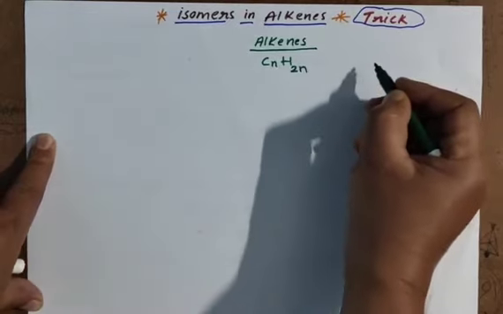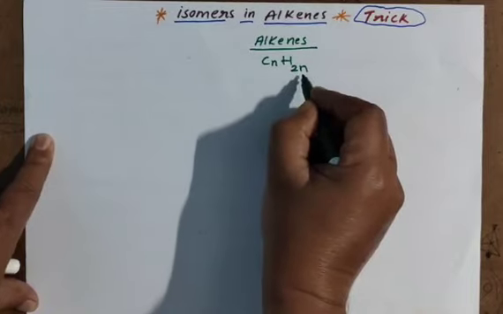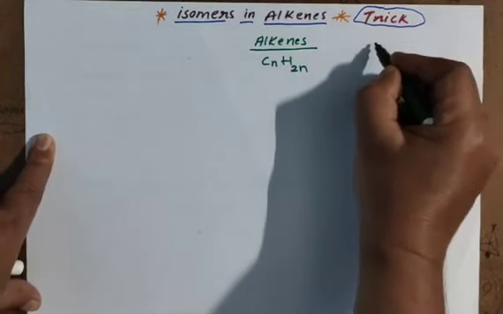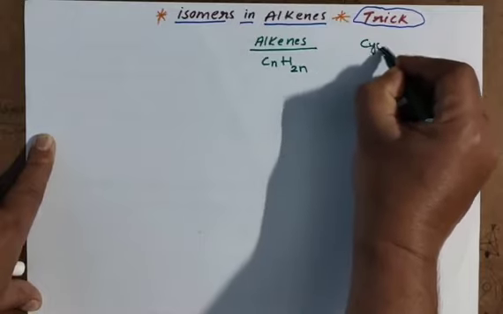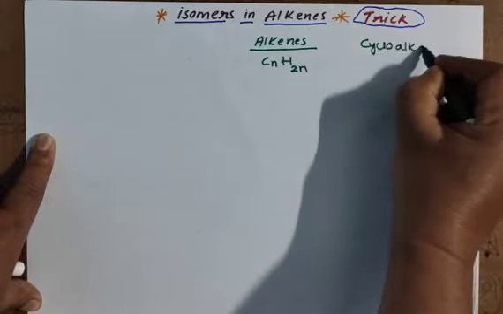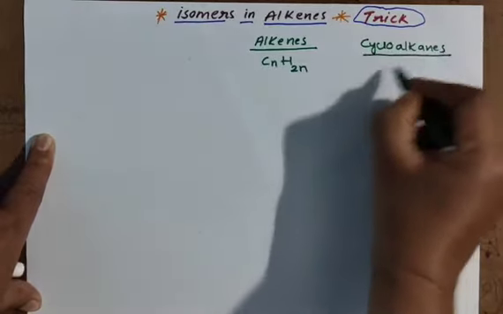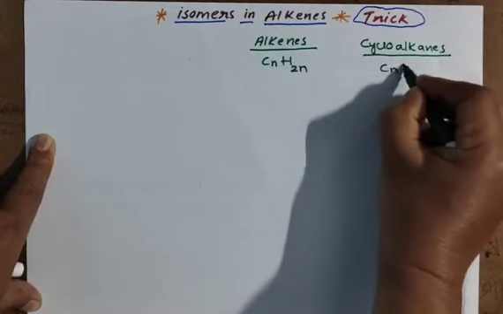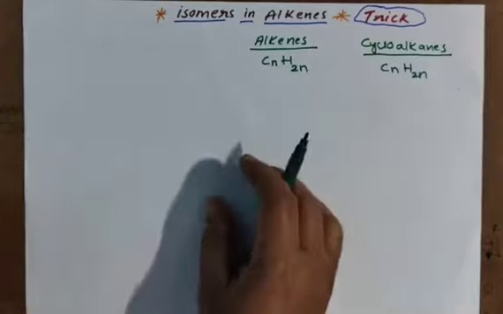You learned already, with the same general molecular formula we have another compound, that is cycloalkanes. Cycloalkanes also have the same general formula CnH2n.